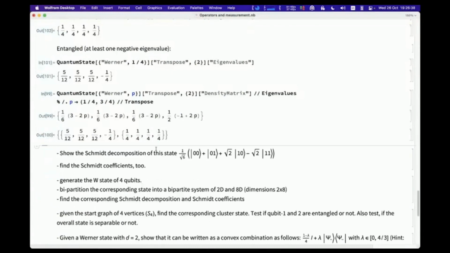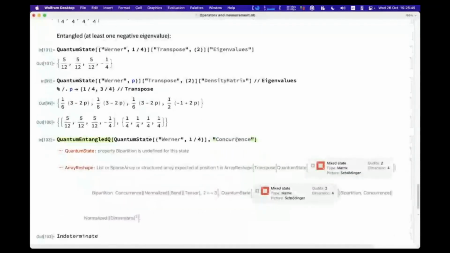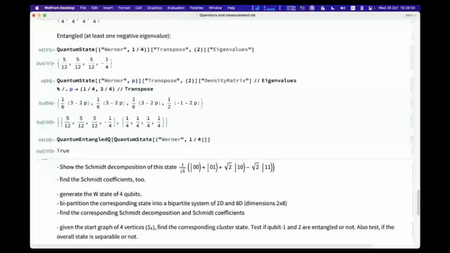Okay, for a second I wondered if it was a bug, because I literally checked it before the presentation and everything was okay. Can we specify which criteria we are using? I don't remember. I don't think we have that option. For the quantum entanglement monotone, we have that option, so you can just ask.